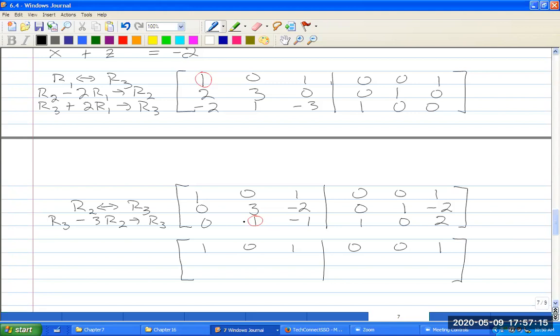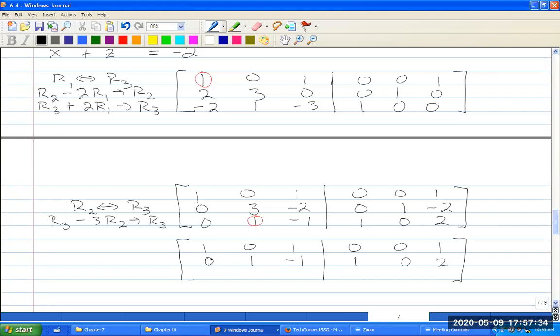So I interchange the second and third row, so I get 0, 1, minus 1, 1, 0, 2. I'll now multiply this second row by negative 3, add to the third one.